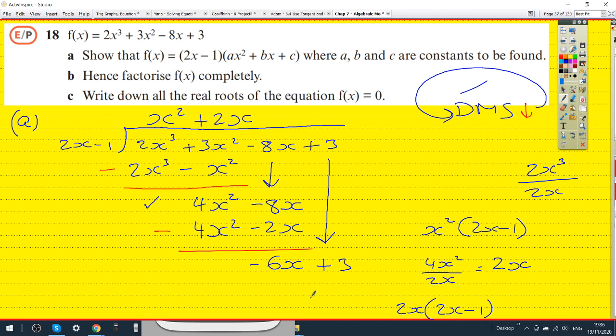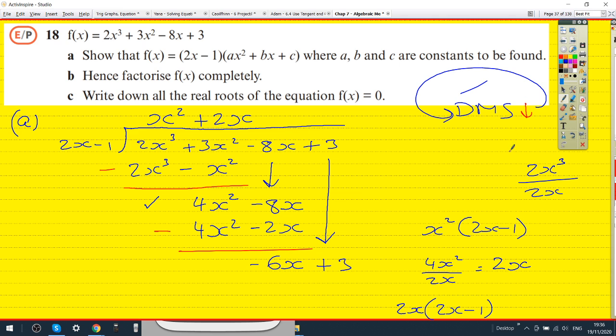And then what's next? We just brought the 3 down. DMS, down arrow.